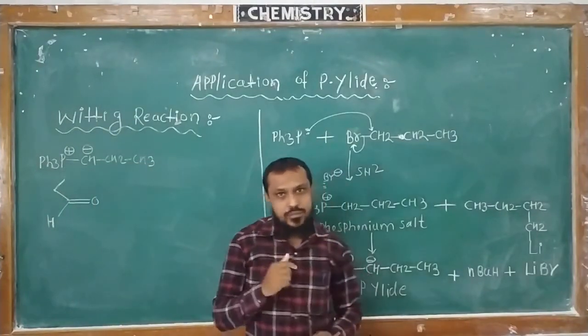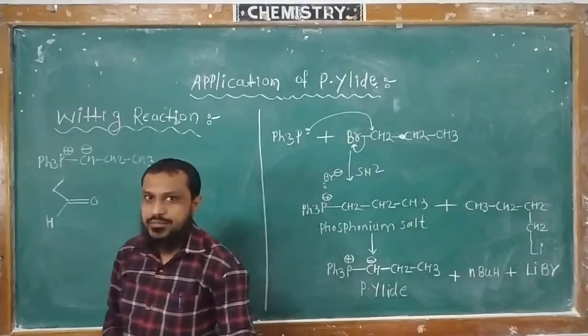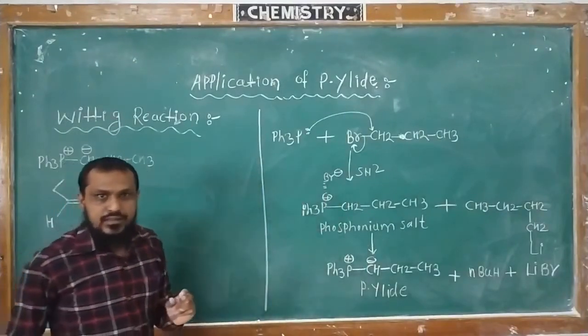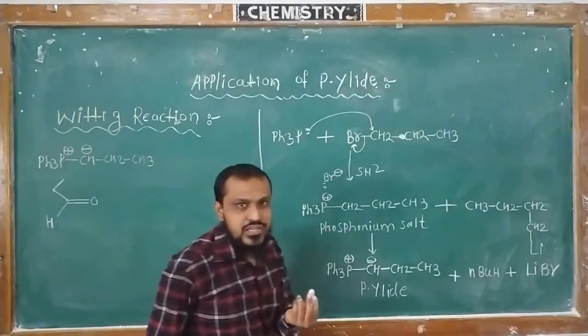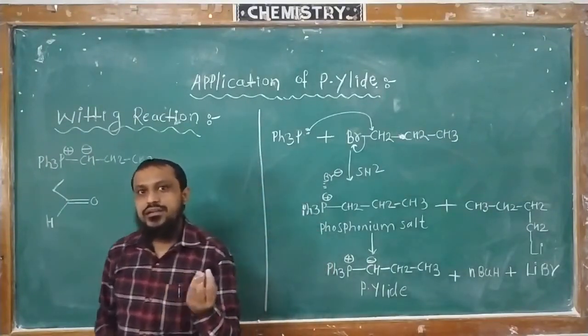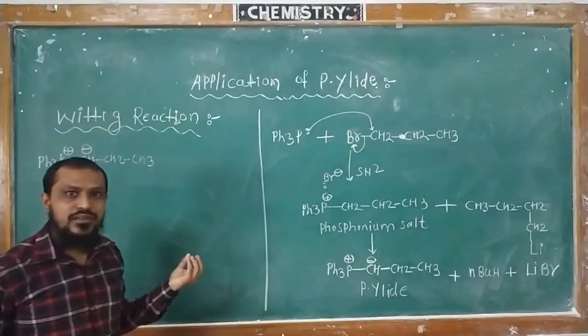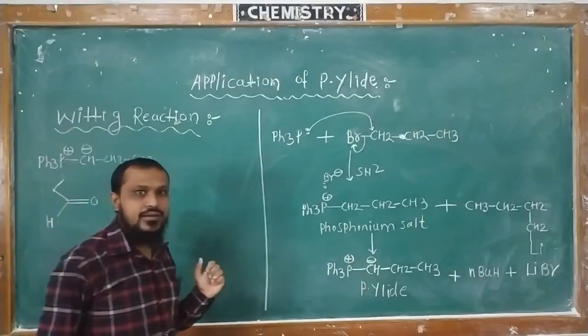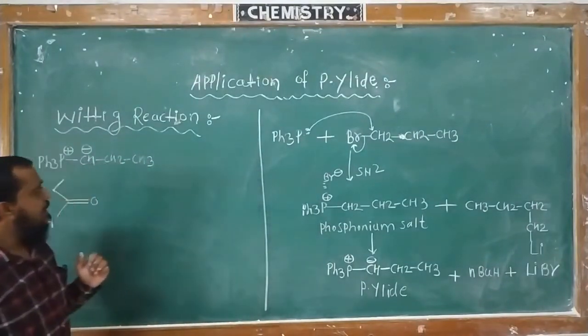So before the formation of the oxaphosphetane intermediate, an initially unstable intermediate is formed, namely called the betaine intermediate. Okay, now listen.